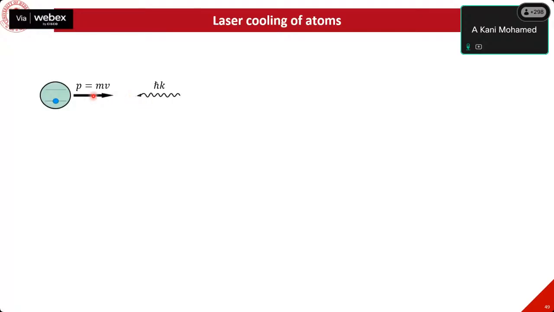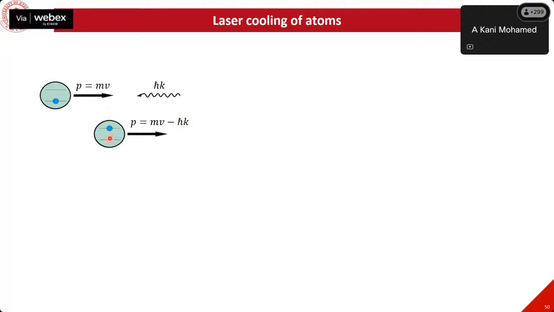If the atom absorbs this photon, the atom goes from the ground state to the excited state, so the energy of h cross omega has been absorbed by the atom. But we also take care of momentum conservation. The atom will gain the momentum of h cross k in the corresponding direction. Because the light is moving in the opposite direction, if an atom absorbs a photon, the momentum will be reduced by an amount of h cross k.